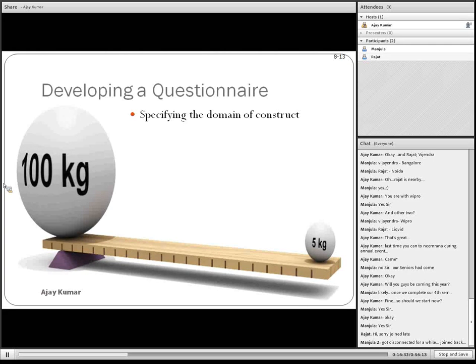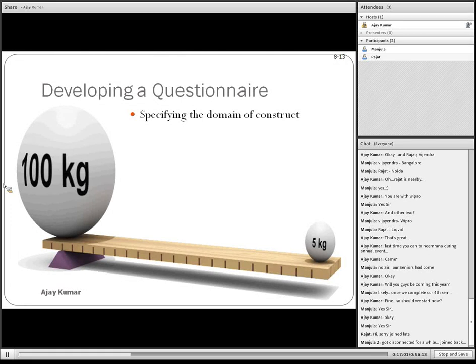So we have to actually define how satisfaction relates to different domains or different dimensions. What are the different dimensions of attitude? What are the different dimensions of satisfaction? So we will define a domain. We would say that when we are trying to measure attitude, then maybe personality comes into the picture. Maybe XYZ will come into the picture. Maybe PQR is also part of attitude.